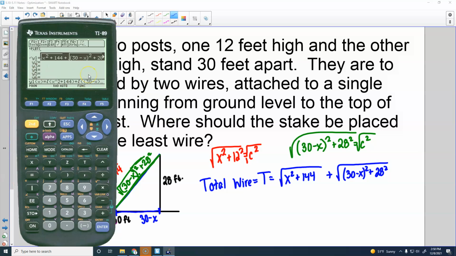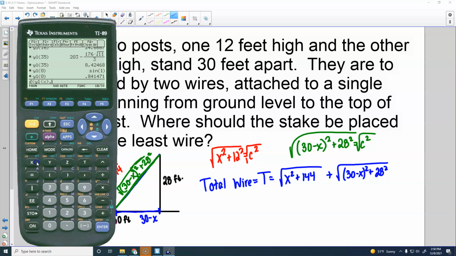But I want you to do this the derivative way, even though technically I know you could graph this and find the maximum on the calculator. So if we take the derivative on the calculator, we're going to go back to the main screen. We're going to do F3, differentiate, and since this is already in y, we can just say y1 of x.